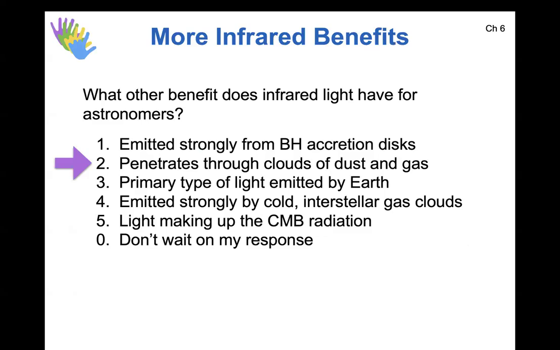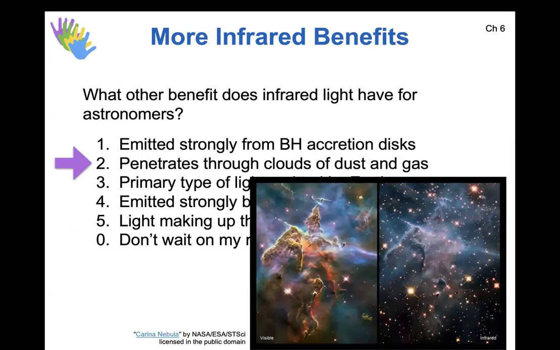So infrared lets us penetrate through clouds of dust and gas. Yep. So that's good for the planets. So I'm skipping over some of this. And so that'd be good for looking at the inside of a big nebula. So if you look at this famous nebula, often called the Pillars of Creation or the Carina Nebula, we can see in the visible spectrum, huge sections are obscured.